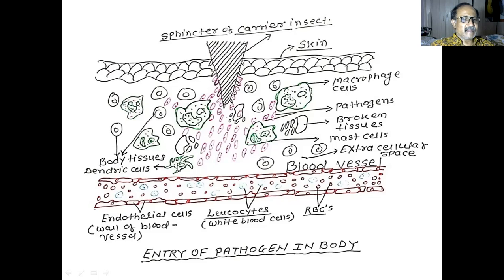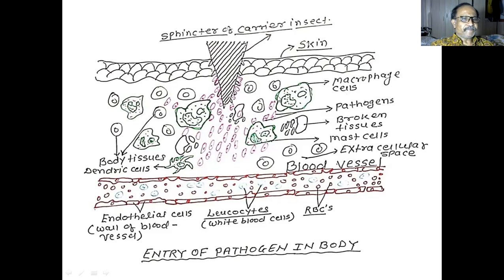These macrophage cells and dendritic cells are phagocytic in function. These mast cells are secretory in function. The macrophage and dendritic cells also secrete certain secretions. These are the types of leukocytes which are present scattered in the extracellular spaces.